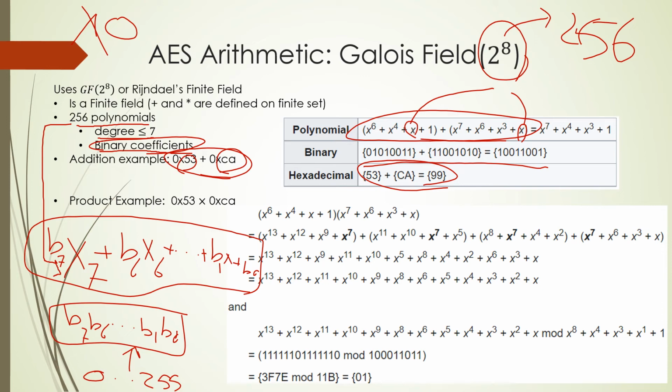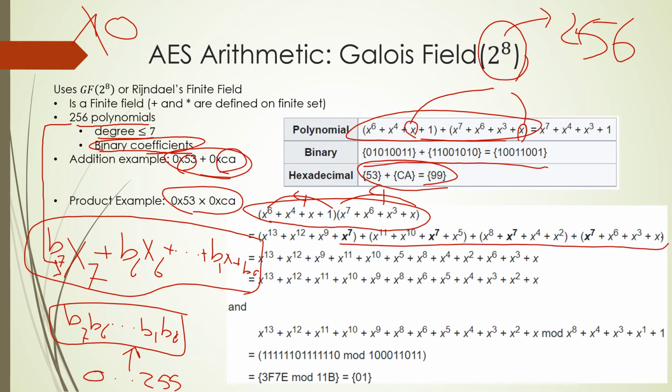The product operation would be a bit more complex, because when you multiply two polynomials, you know what's going to happen. The extended polynomial will have, because here you have 4 terms and here you have another 4 terms, the extended product will have 16 different terms, as you see here.